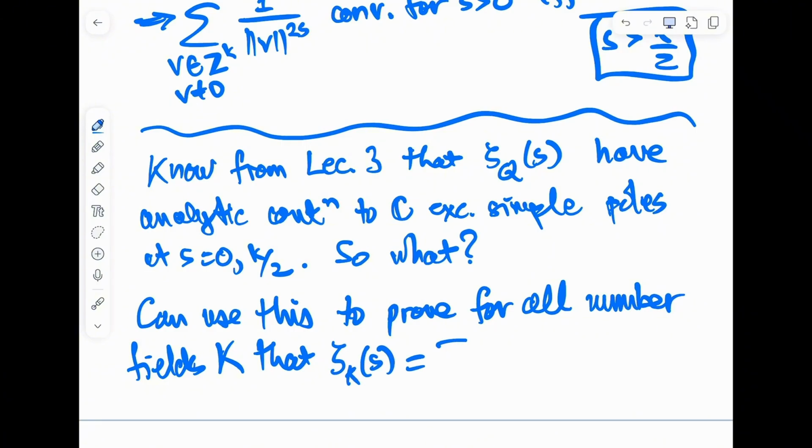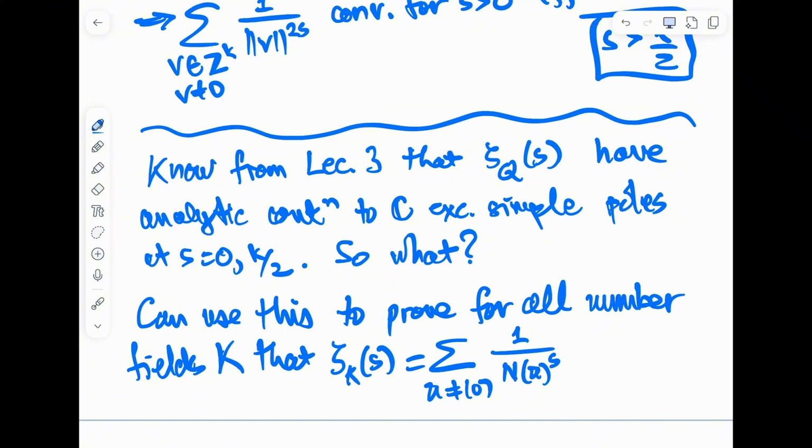It's defined as, I'm just going to write, the sum over the non-zero ideals of 1 over some notion of the norm of an ideal to a power. I'm not going to define the notation here, but there's something that generalizes the Riemann zeta function for every single number field. When K is the rationals, this is the Riemann zeta function.